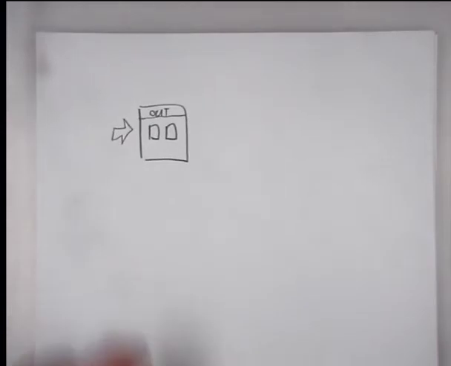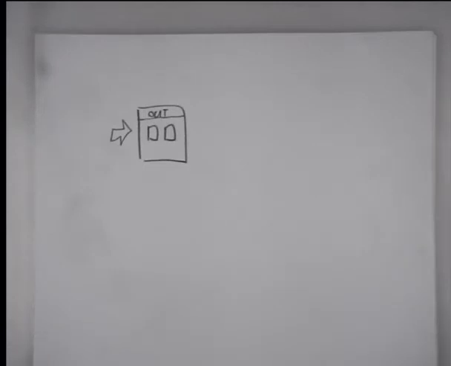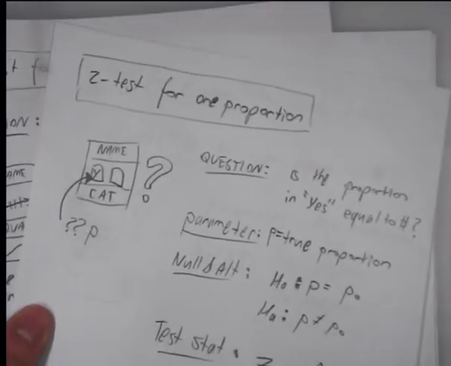Now my outcomes are categorical. I've already dealt with one situation where the outcome was categorical. I've done 2 of them actually. I've done the chi-squared test for goodness of fit, and I've done the z test for one proportion.